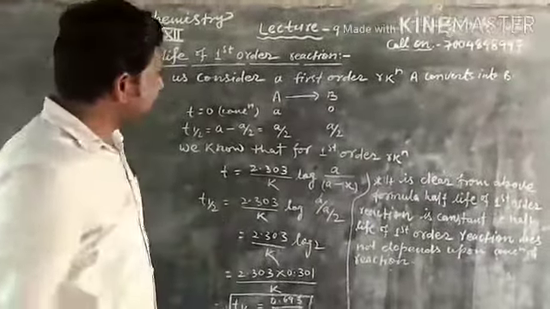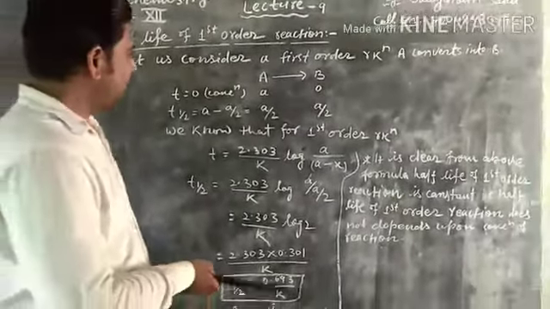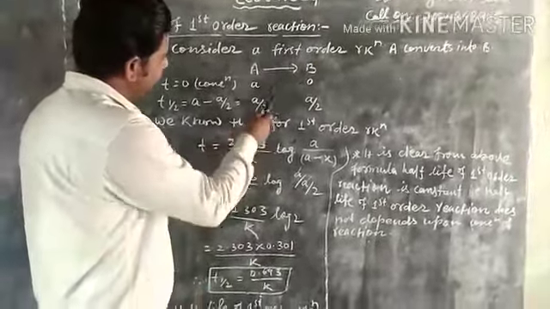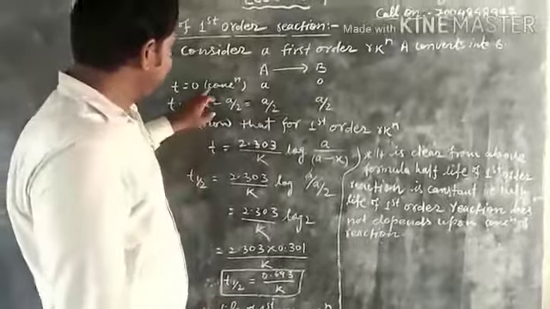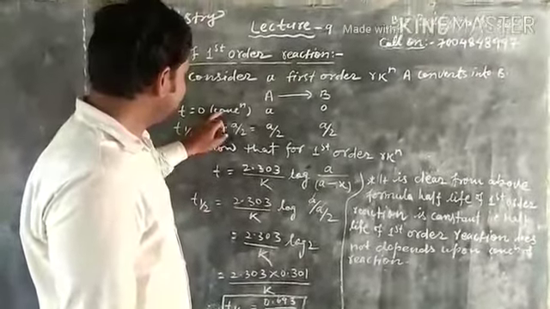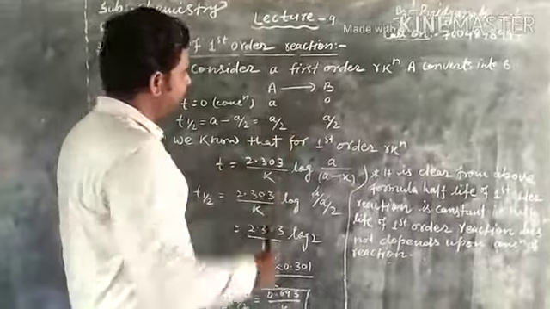Now let us consider a first order reaction. A converts into B, means a reactant A converted into B. Now T equal to 0, means when the reaction has not started, the initial concentration of reactant A is A and product B is 0.